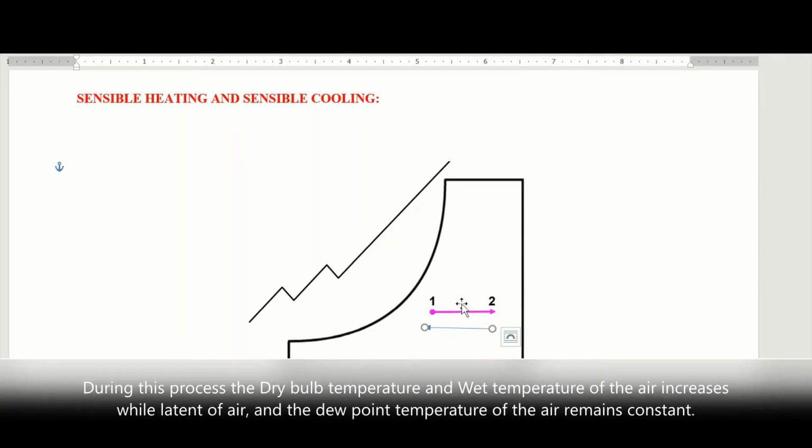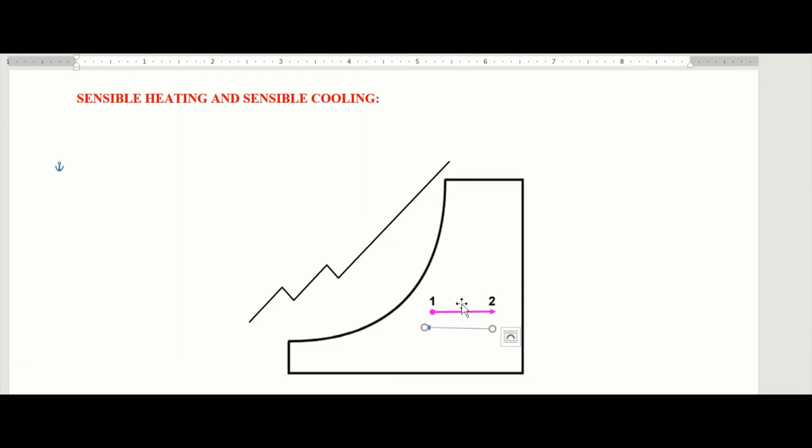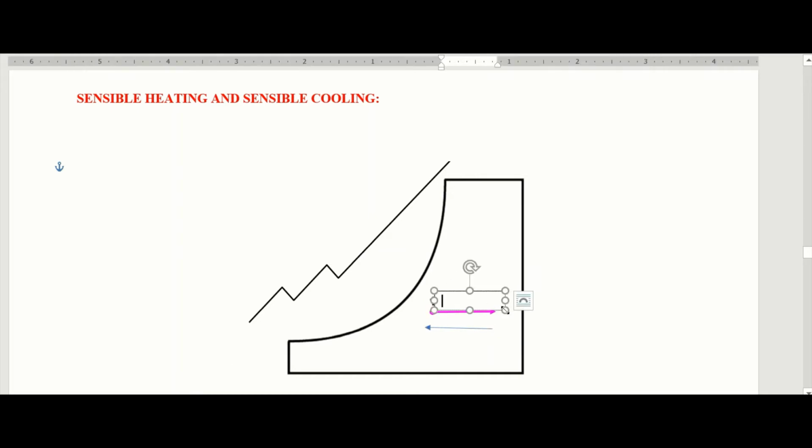During this process, the dry bulb temperature and the wet bulb temperature of the air increase, while latent heat of air and the dew point temperature of the air remain constant. So we can carry out the sensible heating process by passing the air over the heating coil. So that is how we can carry out the sensible heating process. This line going towards your right is sensible heating.